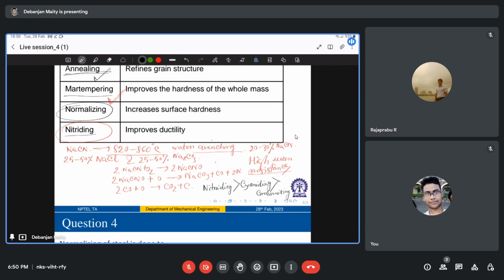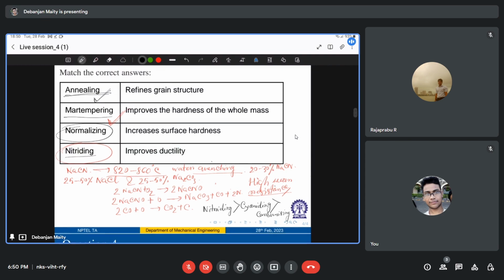Now, let us first match the answers, then we'll discuss flame hardening and induction hardening, what happens there. For the normalizing process, as I already discussed, it refines the grain structure. What is the nitriding process used for? It increases the surface hardness.